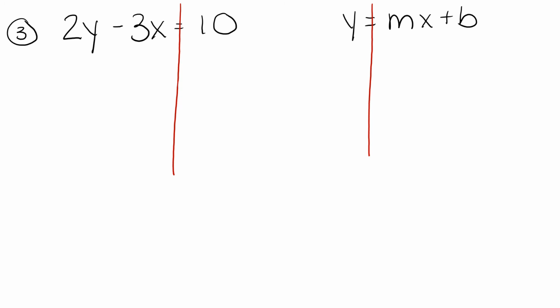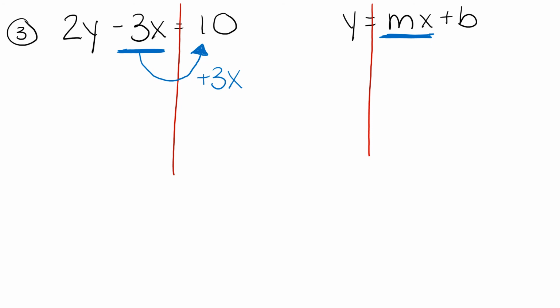I'm going to start by moving the minus 3x because that needs to go on the right-hand side in the middle. So I take that minus 3x, we move it to the other side, and when we move it, we do the opposite. So instead of minus 3x, we do a plus 3x.